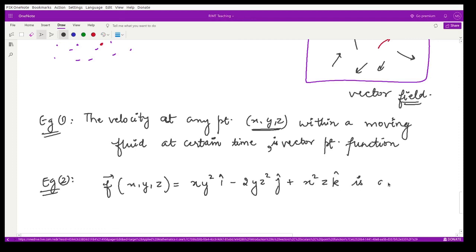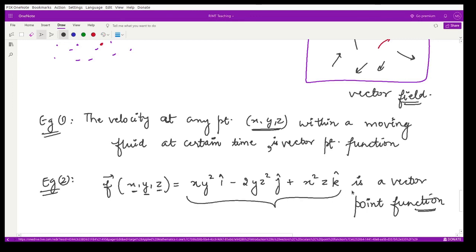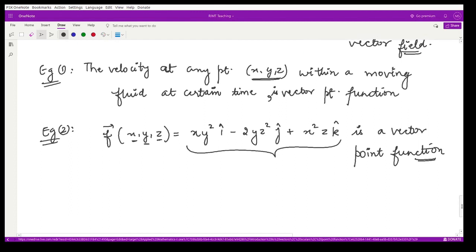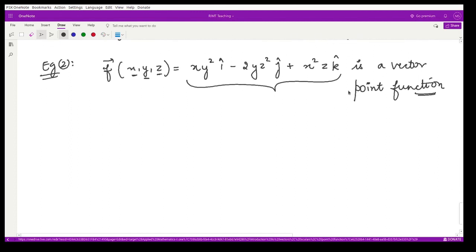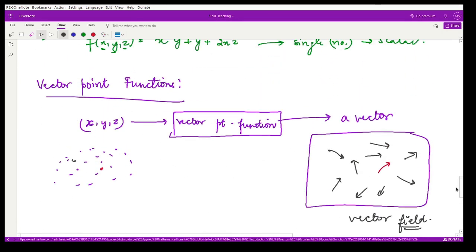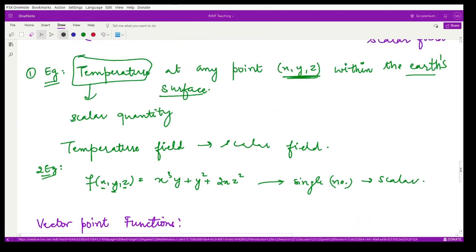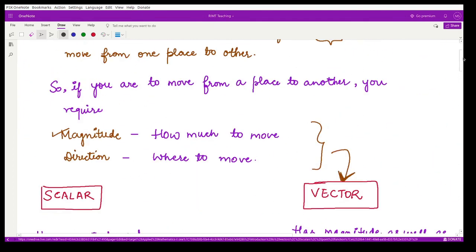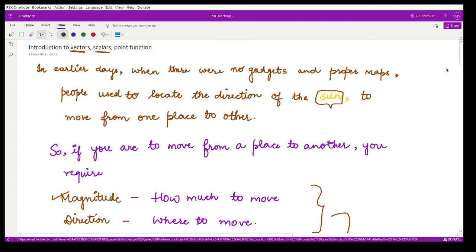This is a vector point function, because whenever you pass on any values of x, y, z, you will get a vector here, and moreover for each different point you will have a different vector. So when you collect all those vectors, you will have a vector field over there, right? So this is about vectors, scalars, vector functions, scalar functions, and scalar point functions, scalar fields, and vector point functions, vector field.